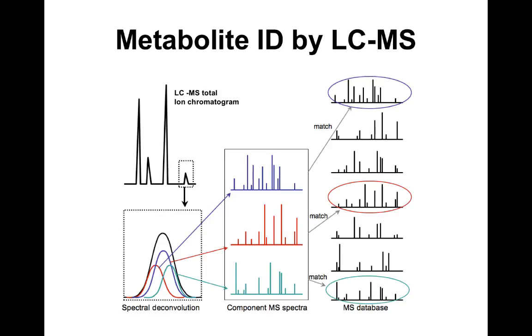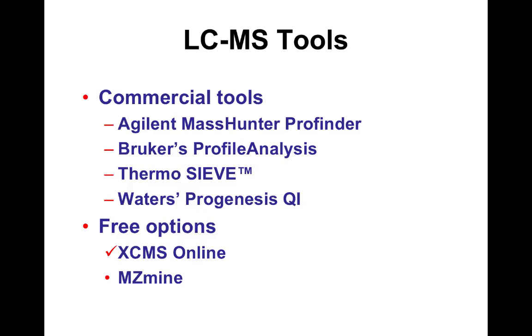That's how we ultimately identify the compounds. There are a lot of tools around to facilitate that. Commercial ones from Agilent, Bruker, Thermo, Waters, SciEx, all of these produce commercial tools. And then there's a variety of free options, XCMS, MZmine, and several others, all of which can help with compound identification.